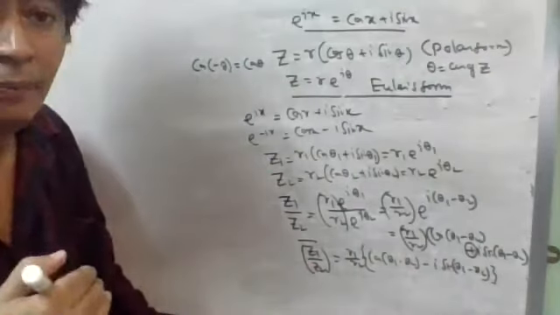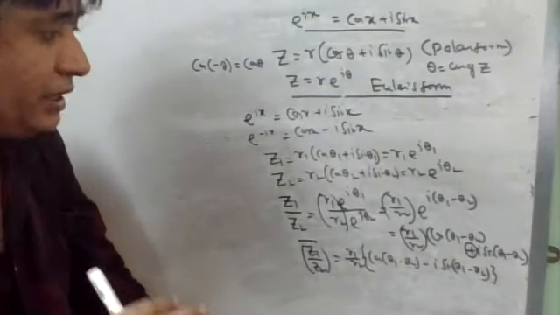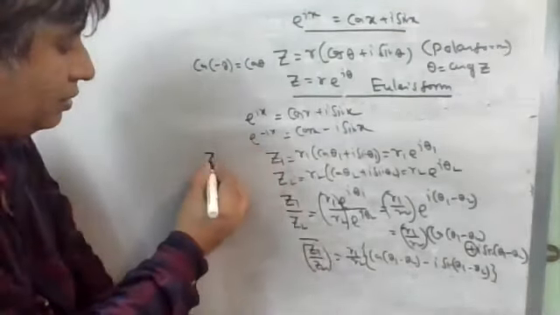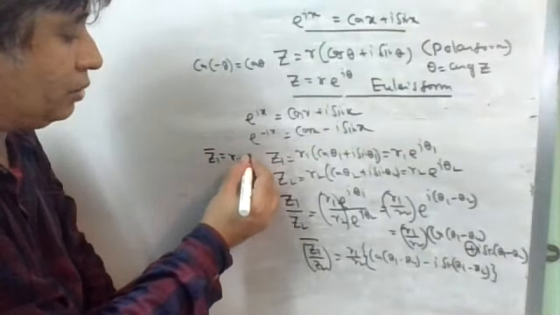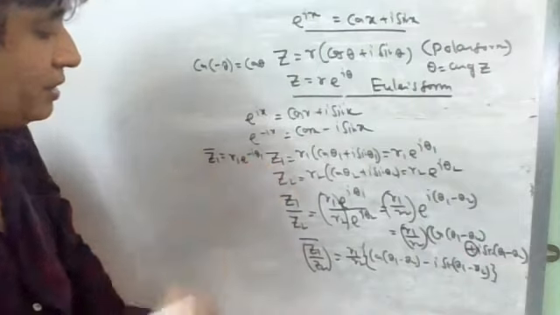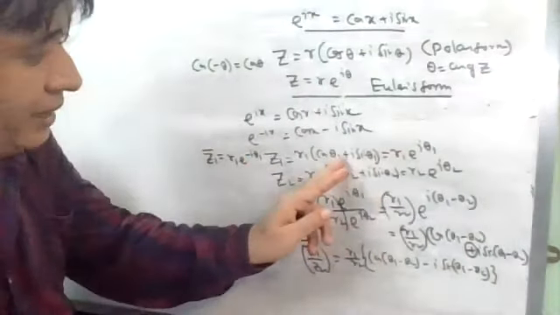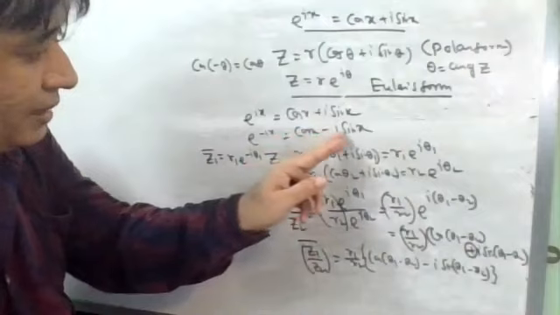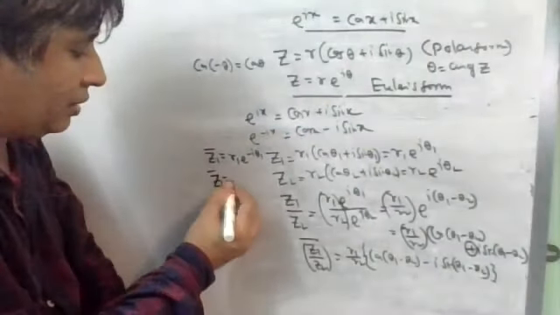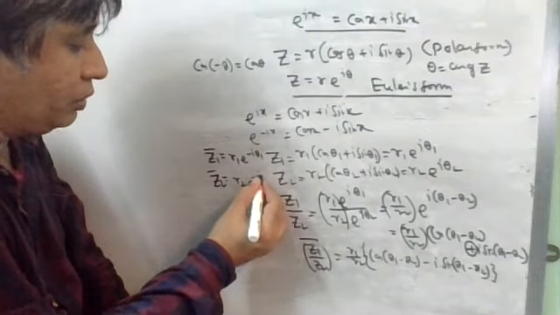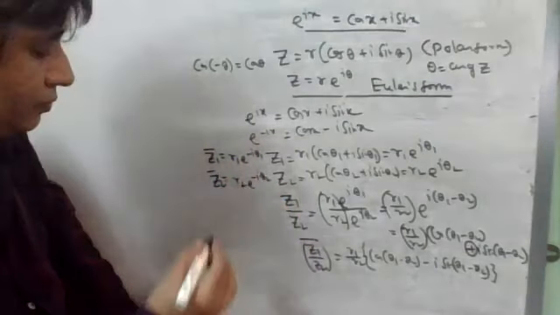Now, like the previous procedure, what is Z1 bar? Z1 bar is r1 e to the power minus i theta 1, because it will be minus, then you see cos x minus i sin x is e to the power minus ix, and Z2 bar is r2 e to the power minus i theta 2.